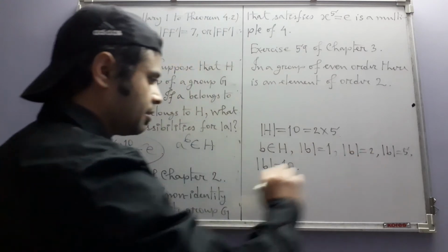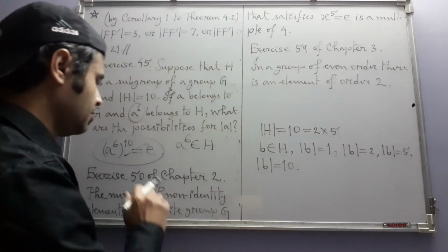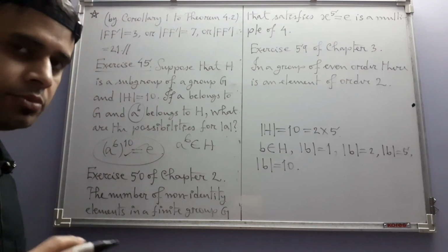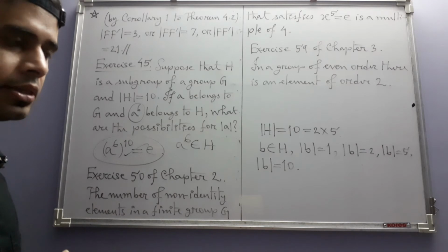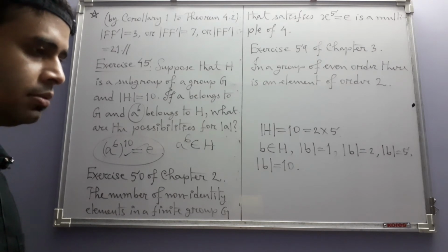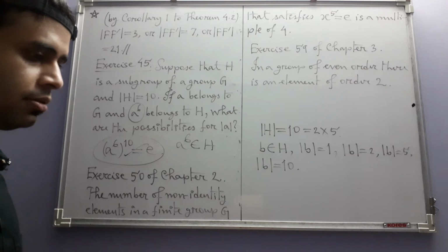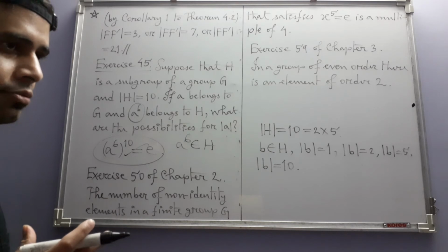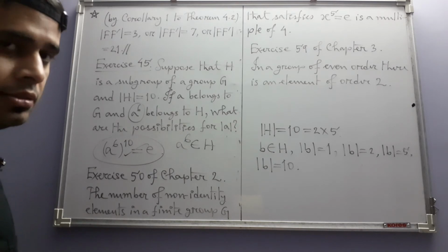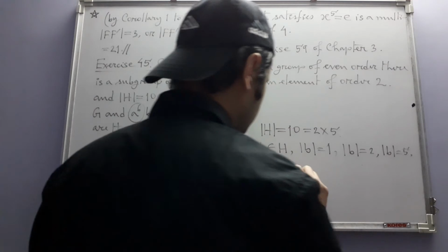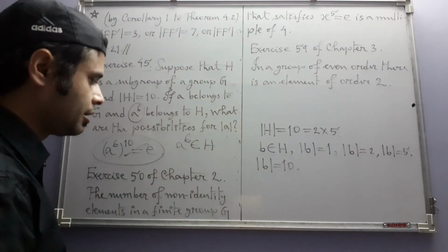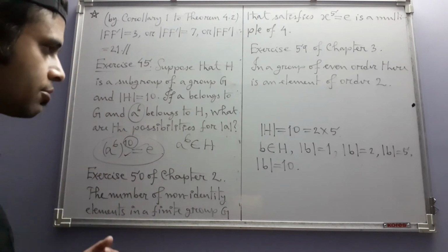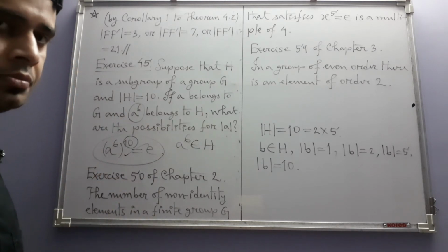I mean, even if you manage to show these things, you may not be able to show this, because this is a consequence of Lagrange's theorem, which is very fundamental. At the same time, it's not a very difficult or deep theorem. It's quite fundamental, and in a sense it's very easy. So bypassing that theorem and somehow being able to show that this thing is true is very unlikely.